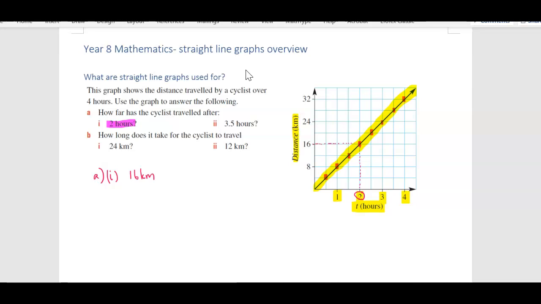All right, then for part 2, 3.5 hours. Here is 3, but 3.5 is obviously halfway between 3 and 4. So we go up and we've hit the line, so then we go across. This is a little bit harder to see, as you can tell, we don't have a number here, so we need to work that out.